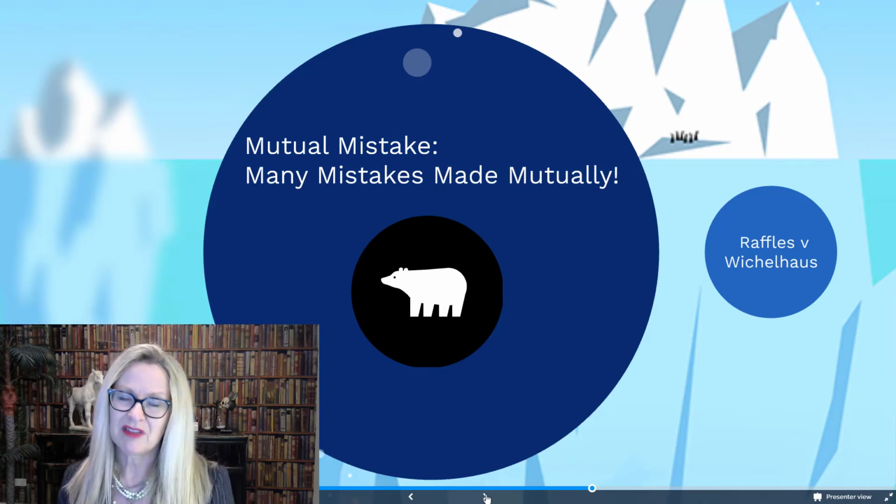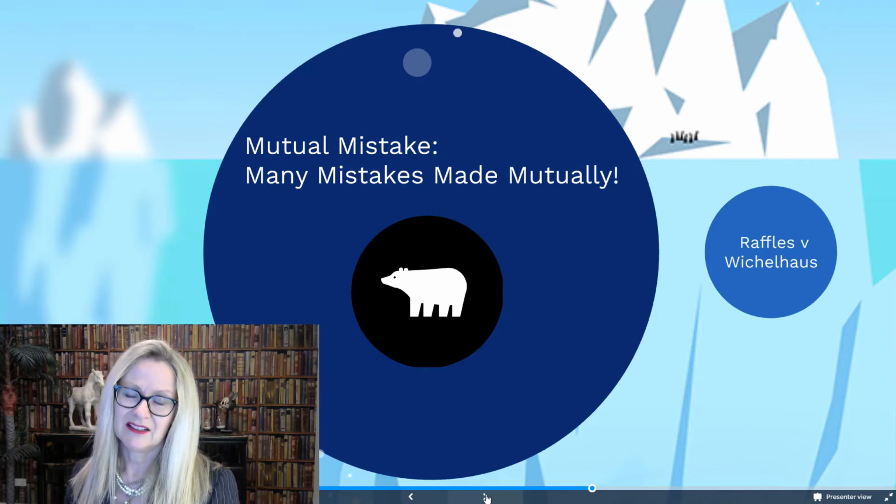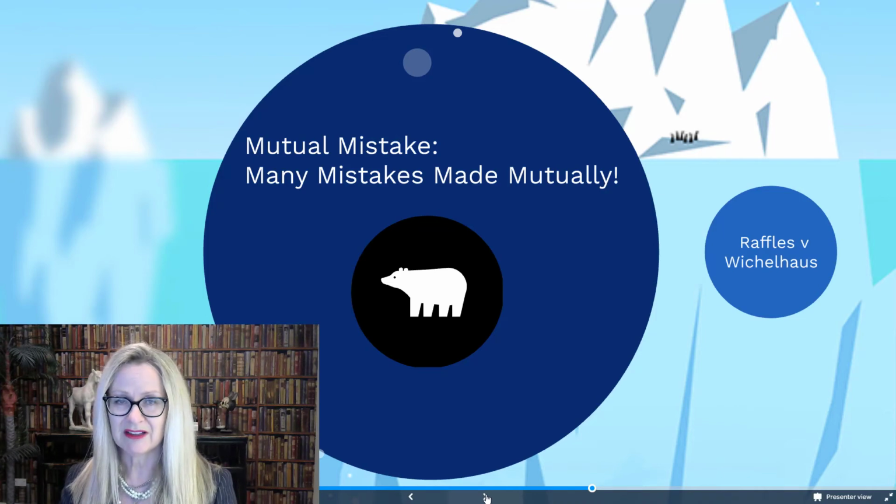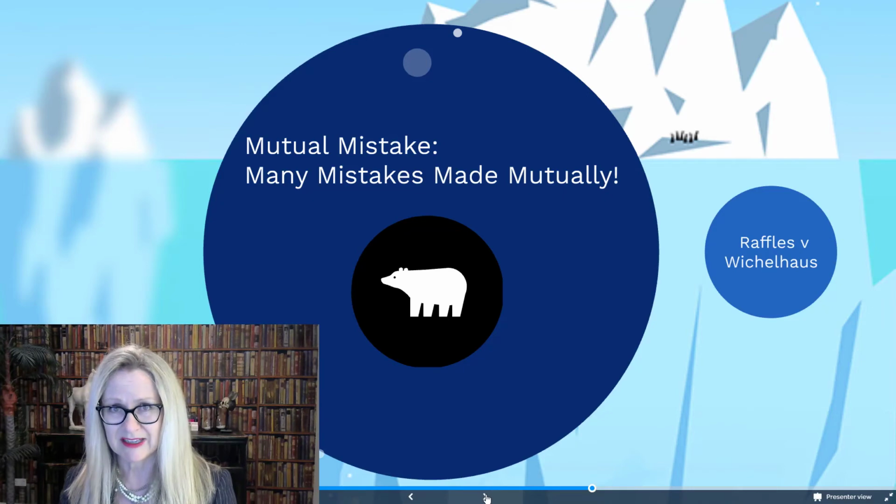The unfortunate thing about the case law here is that a lot of it's older case law, and a lot of the judges are not precise with their technical legal terms of art, and they start calling mutual mistakes common mistakes. Sometimes you'll read cases of common mistake and they use the term mutual mistake, which is really confusing and easy for law students to make a mistake when they're talking about terms of art.